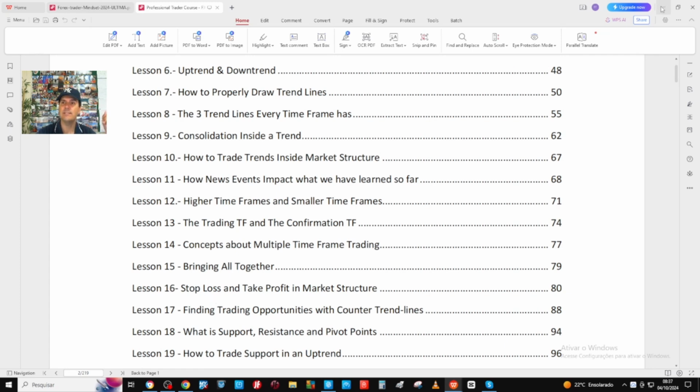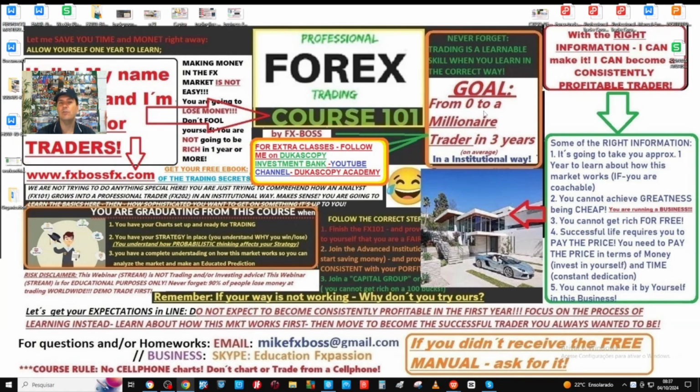It's support, resistance, pivot points, and it's called timing. The first module was market structure and trends, the title of the first module of the first 16 lessons. I don't even know how many lessons we did. Now we are starting the module timing and retracement trading.